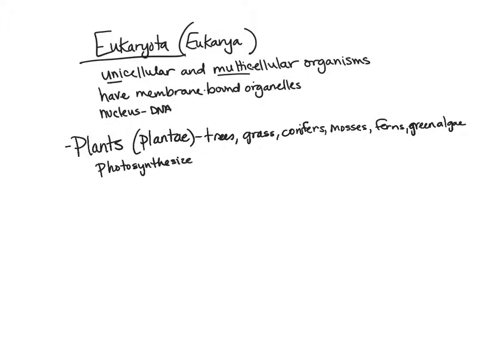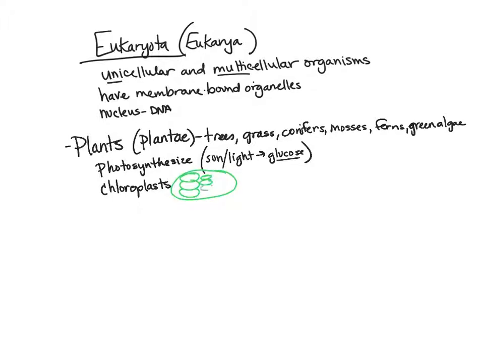What that means is they're able to take sun energy or light energy and turn it into something like glucose or other molecules. They do this in organelles called chloroplasts. Their chloroplasts are made up of something called thylakoids, which are little green discs within a larger disc.